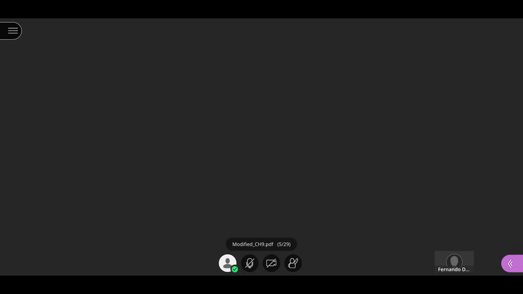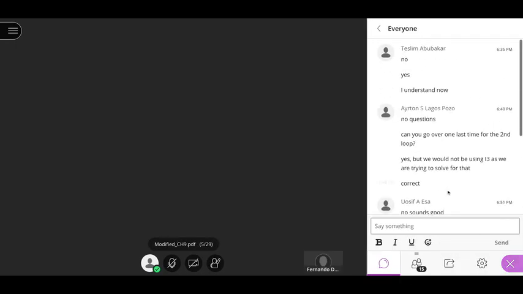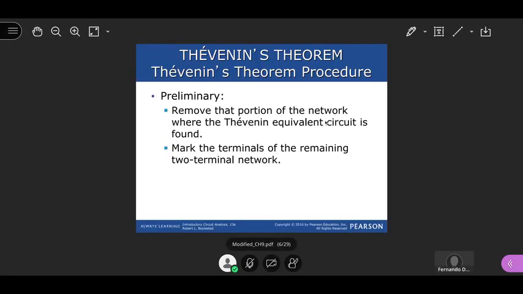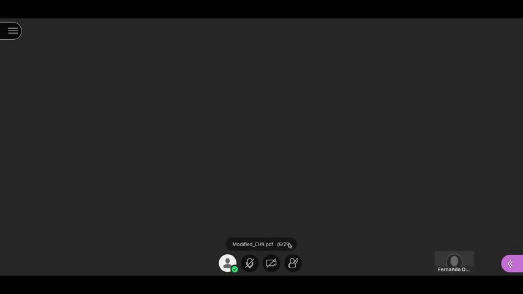So what we do is we isolate this part of the circuit, meaning we remove our load from here and then we just leave point A and point B open. And we take the circuit here. You mark the two terminals that you need across, for example, here A and B. And that's what you're going to do, right?